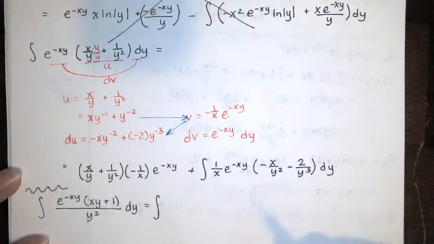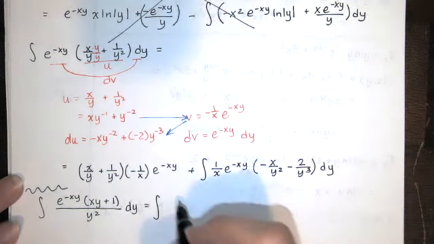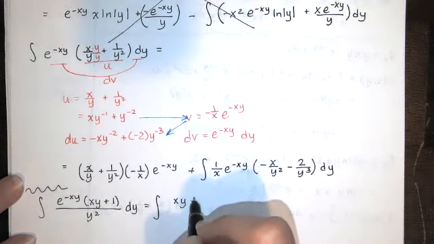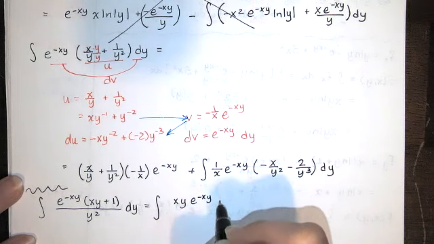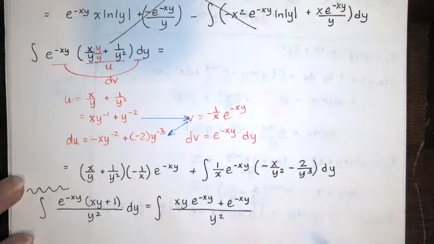Now, it still doesn't look good, but if I maybe distribute the exponential everywhere, they've got xy times e to the -xy plus e to the -xy all over y squared.